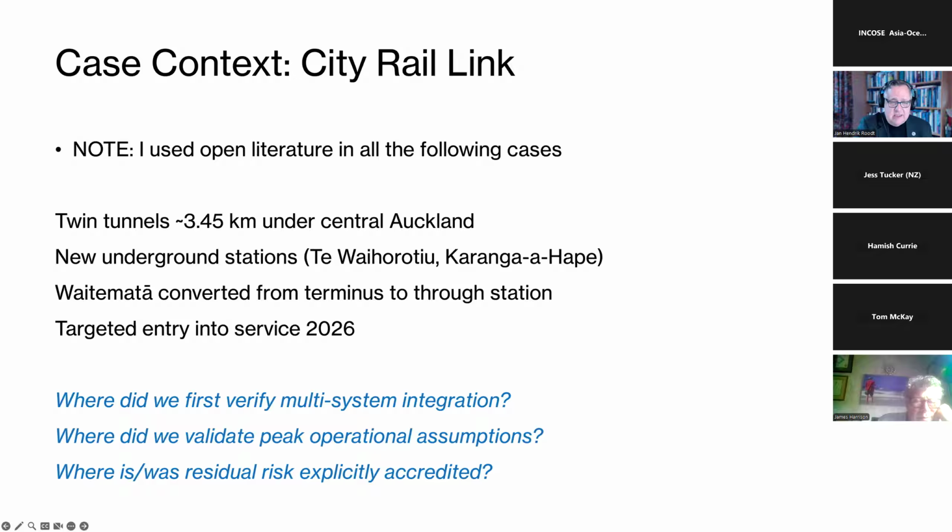And the structural questions to my mind are, where did we first verify multi-system integration? If we think about the V, where did we first verify the multi-system integration? Where did we then validate the operational peak assumptions? And where was the residual risk explicitly accredited?